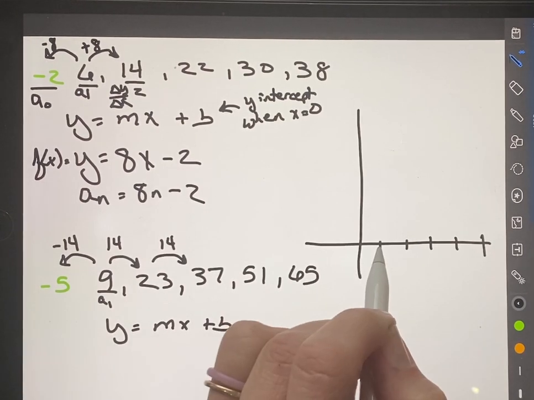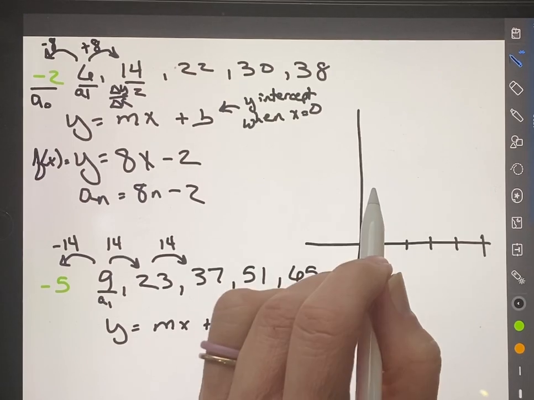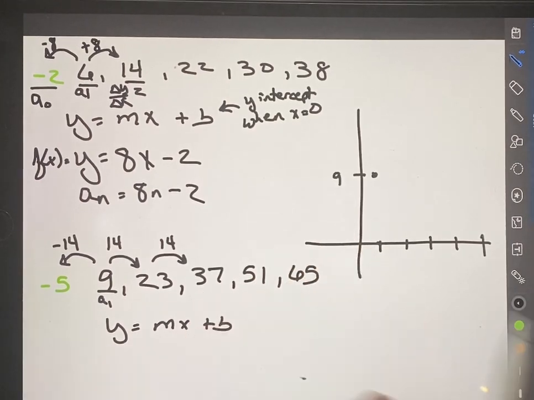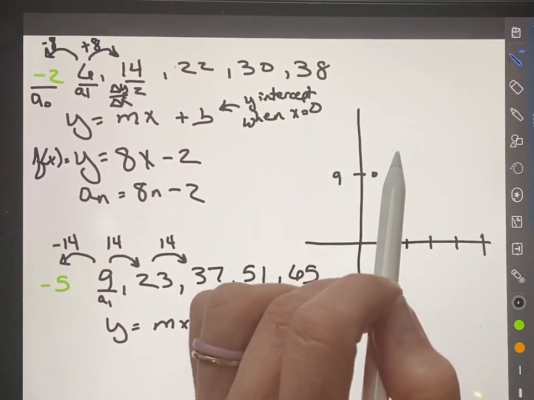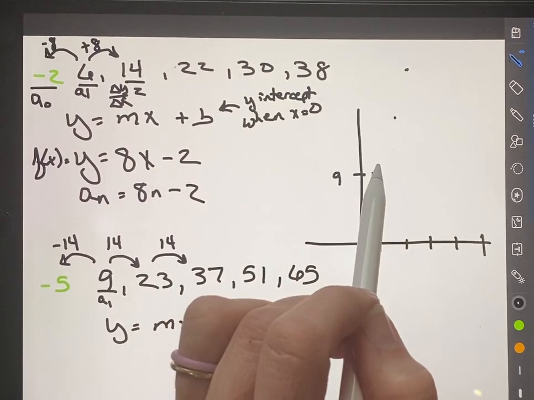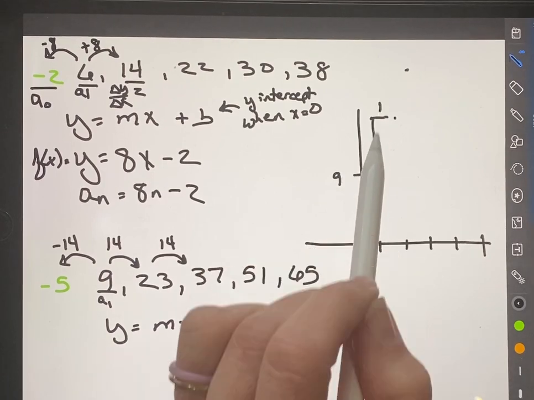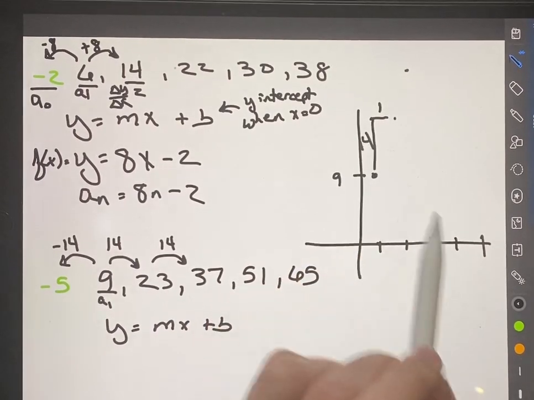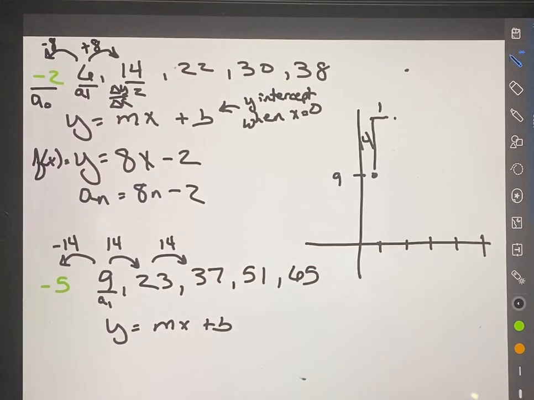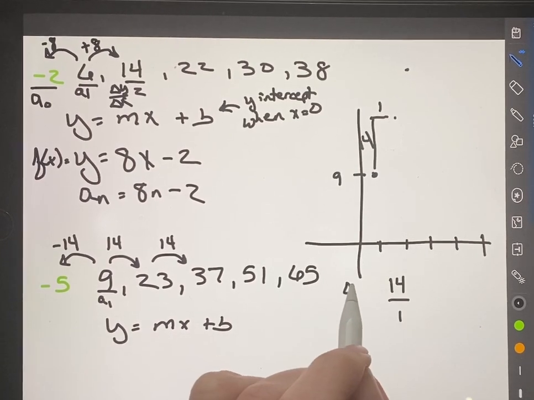This is our location when x equals 1. We are going to be at 9 here. So if this line is consistent because my change in y is always going to be 14, my change in x is always going to be 1, so that means my slope is 14 over 1.